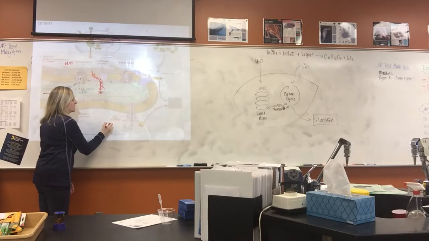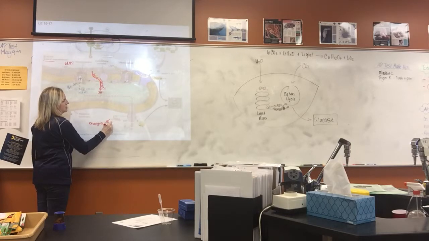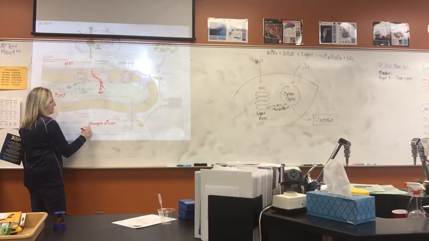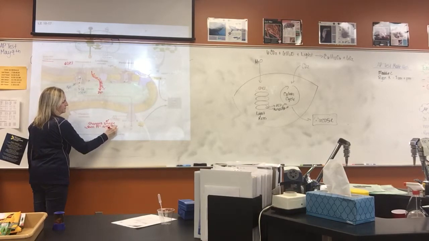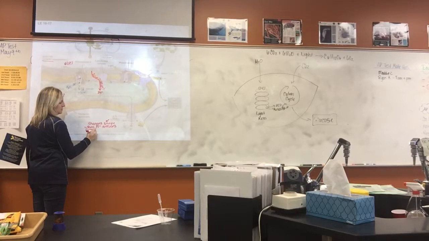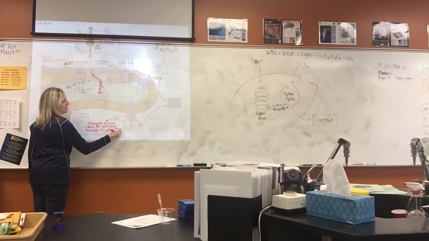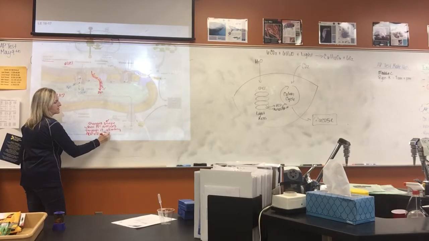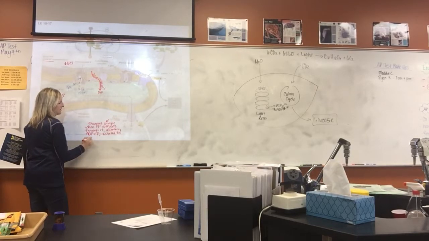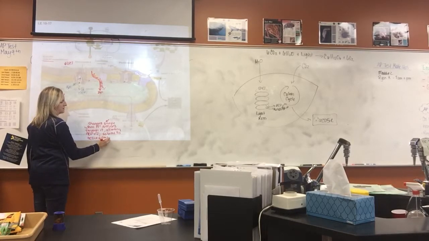So ATP synthase changes shape, I'll write here, changes shape when H plus diffuses through it, allowing ADP and the phosphate to bind to the active site to make ATP.